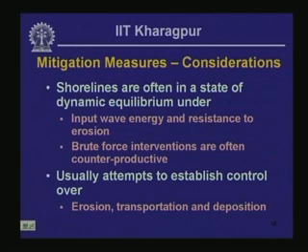Regarding mitigation measures, the major consideration is that shorelines are often in a state of dynamic equilibrium under the input wave energy and resistance to erosion, and because of this, brute force intervention is often counterproductive.